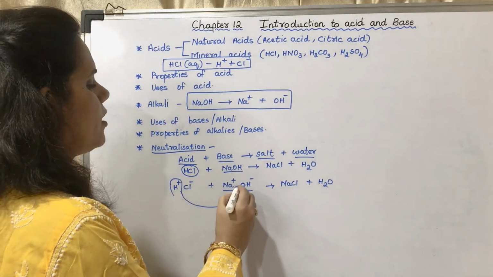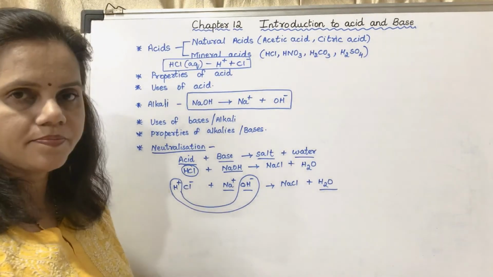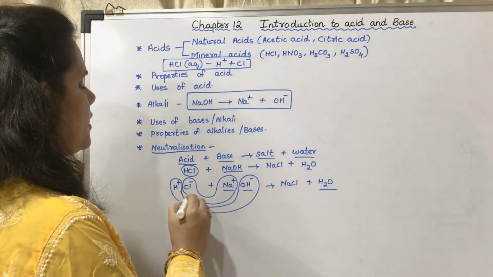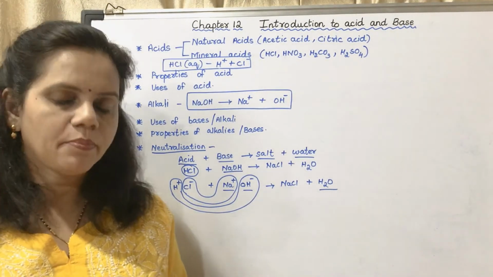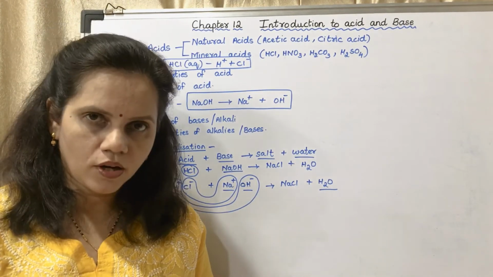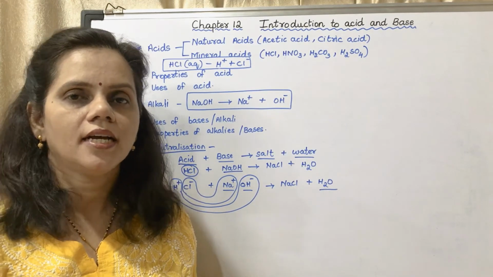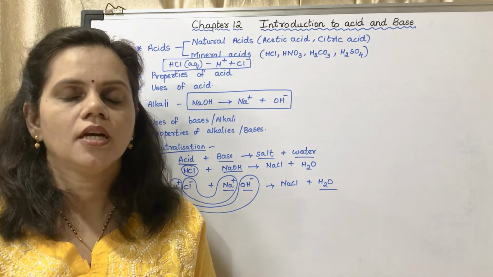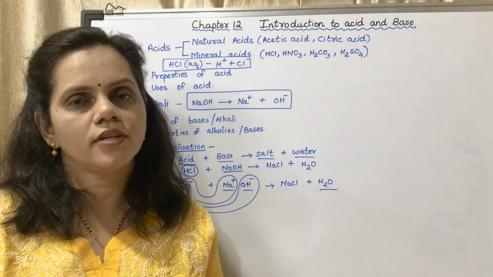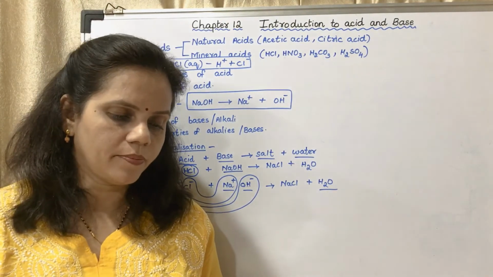This H plus ion and this OH minus ion will form water, and this too will form NaCl. Okay, so this type of reaction where an acid reacts with a base to form salt and water is called a neutralization reaction. You could be getting a question, what is meant by neutralization reaction? You have to write the definition and write an example. You have to write this equation. Okay.